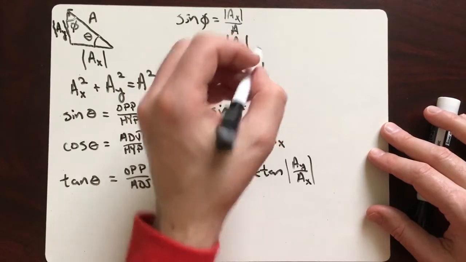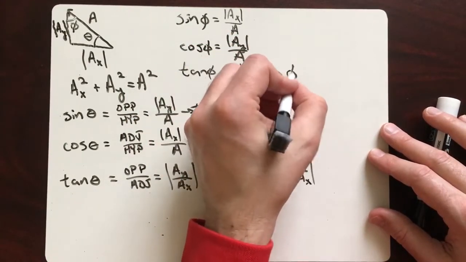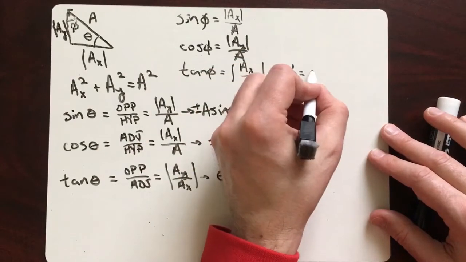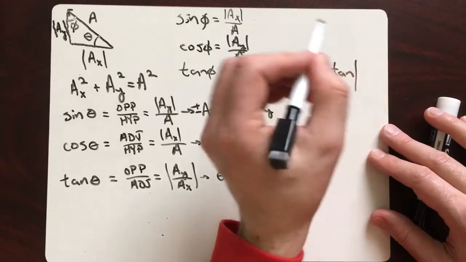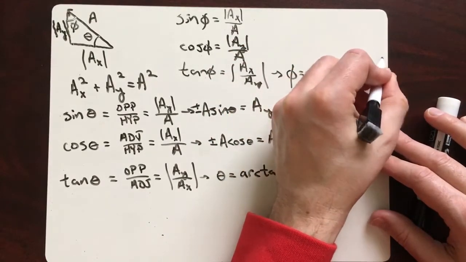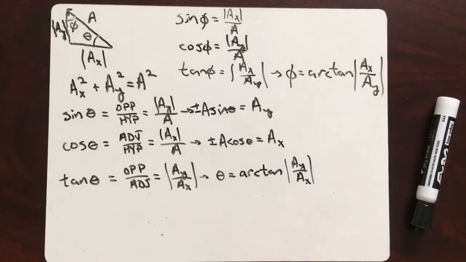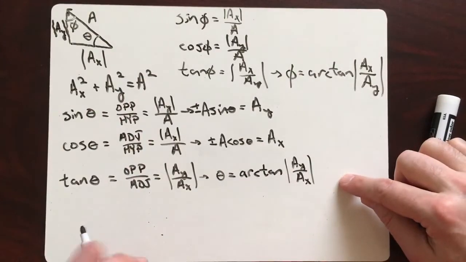Okay. And now if we do the arctangent to get that angle, it looks like that. So you can see these look all very similar to what we got down here.